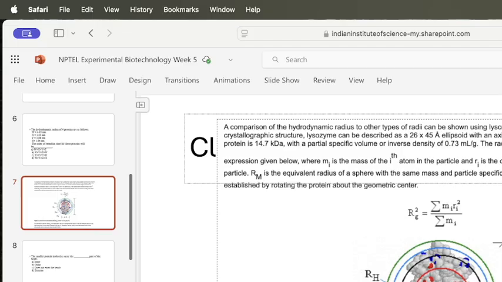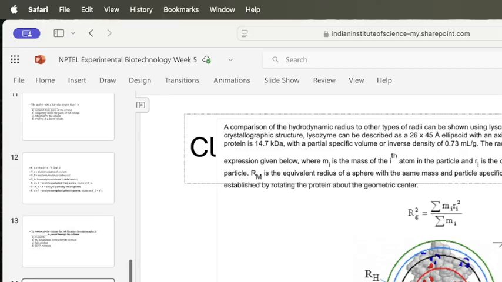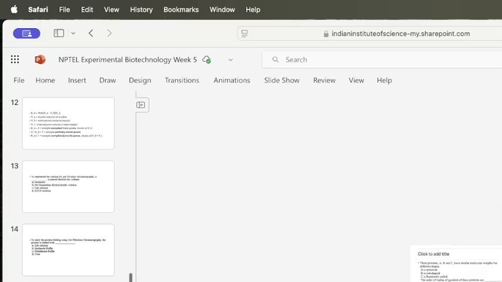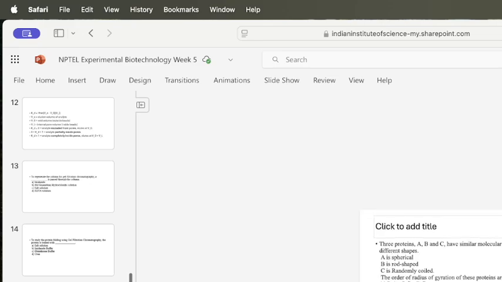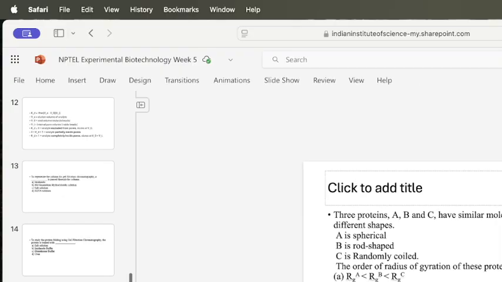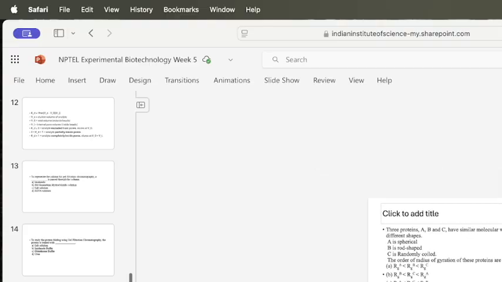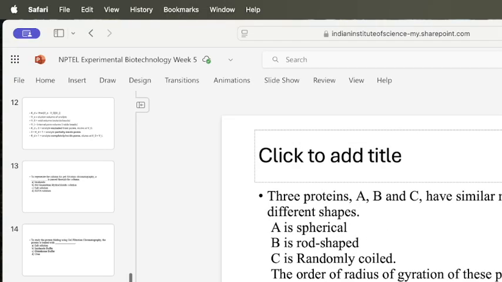For a protein that is spherical, the radius of gyration will be small, whereas in a rod shaped protein it will depend on one of the axes, and in a randomly coiled protein it will be very difficult to assign it because you don't have a clear distinction, because of the flexibility of the molecule.